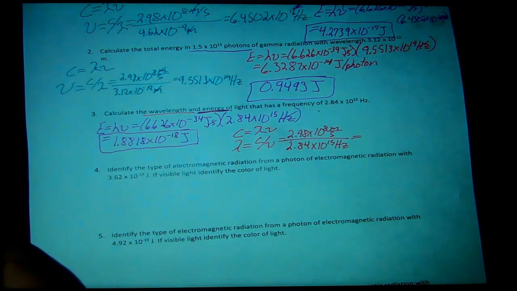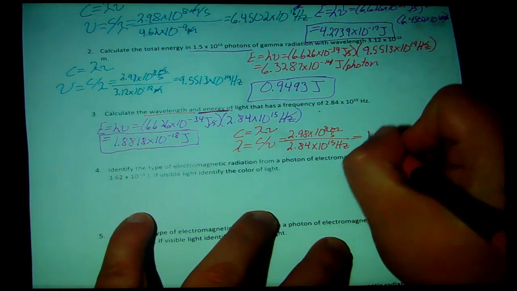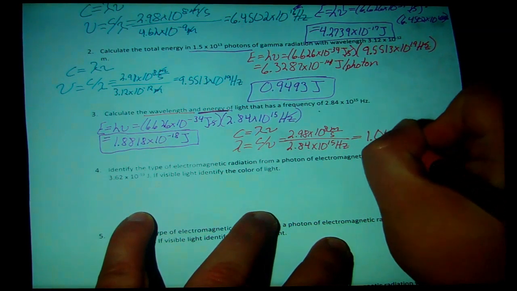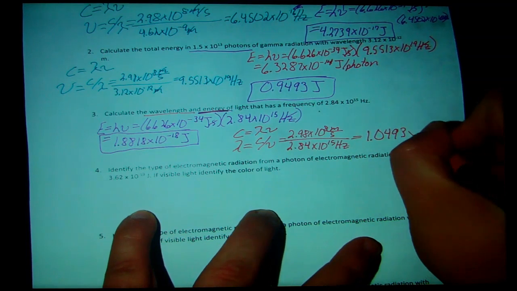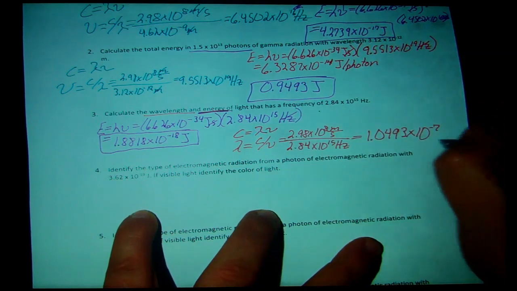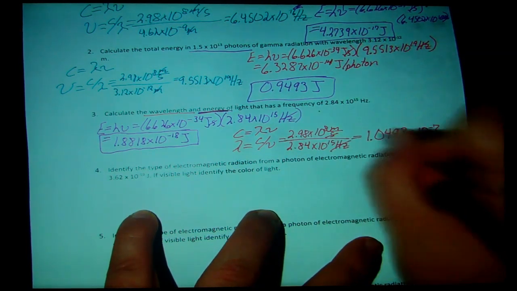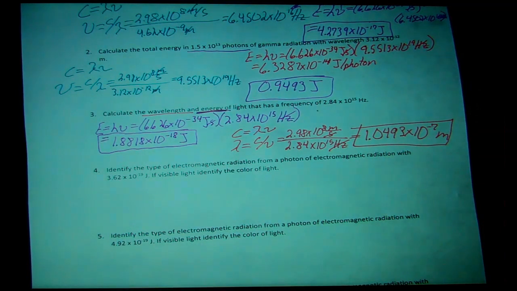That gives me 1.0493 times 10 to the negative 7. And that's meters, because hertz and seconds cancel. Well, boom, bada bing.